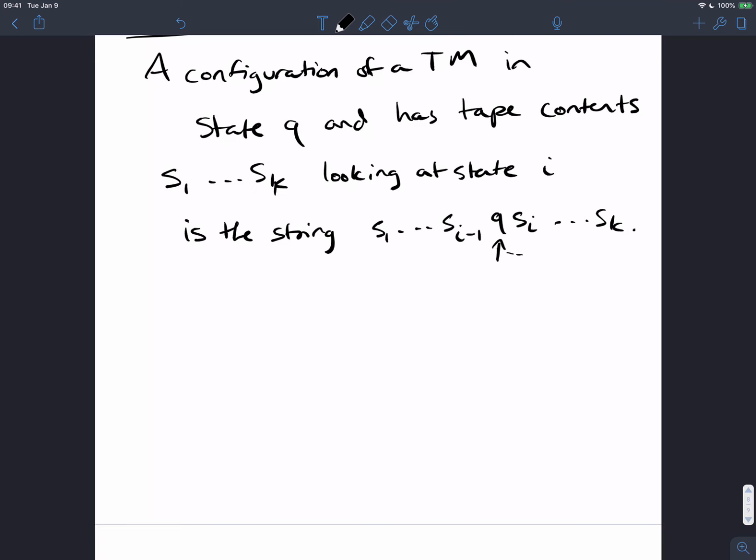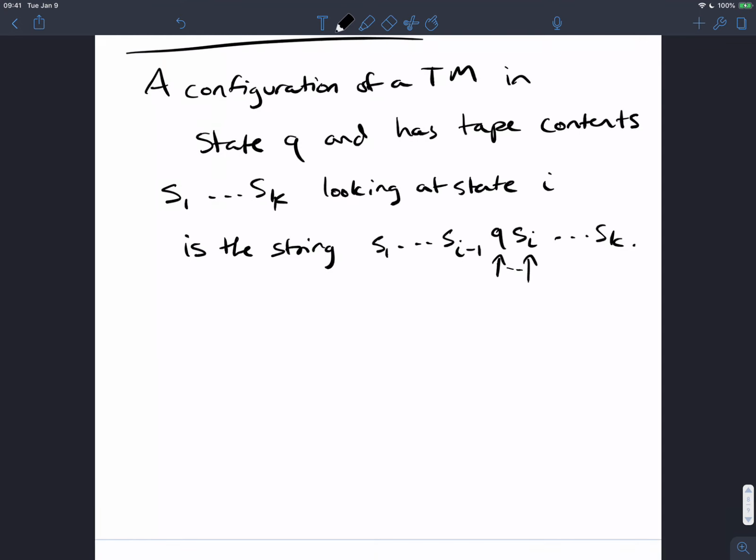Look to the character in the string to the right of you. That's the character you were looking at right before you just stopped the Turing machine. Here it just says you were looking at SI right before you stopped the machine. And so now I can recover which tape cell I was looking at. So this is a valid encoding. Okay? Any questions about that?